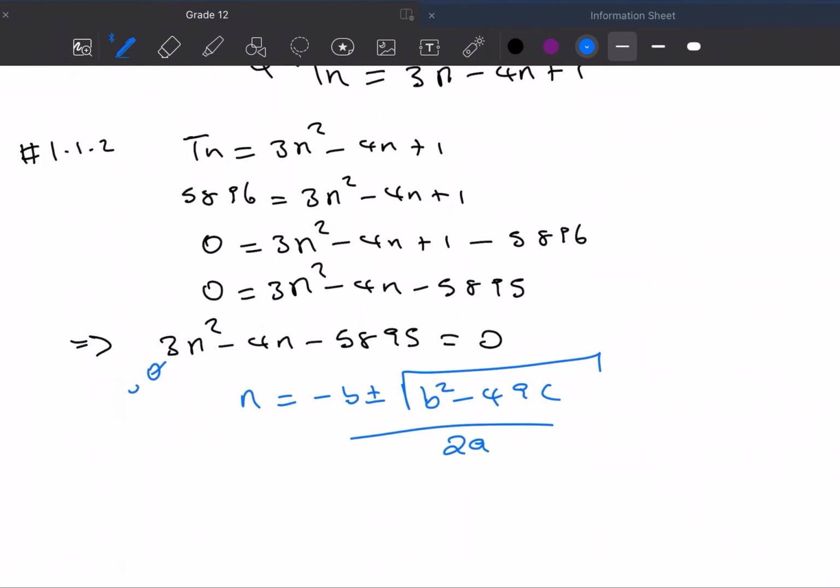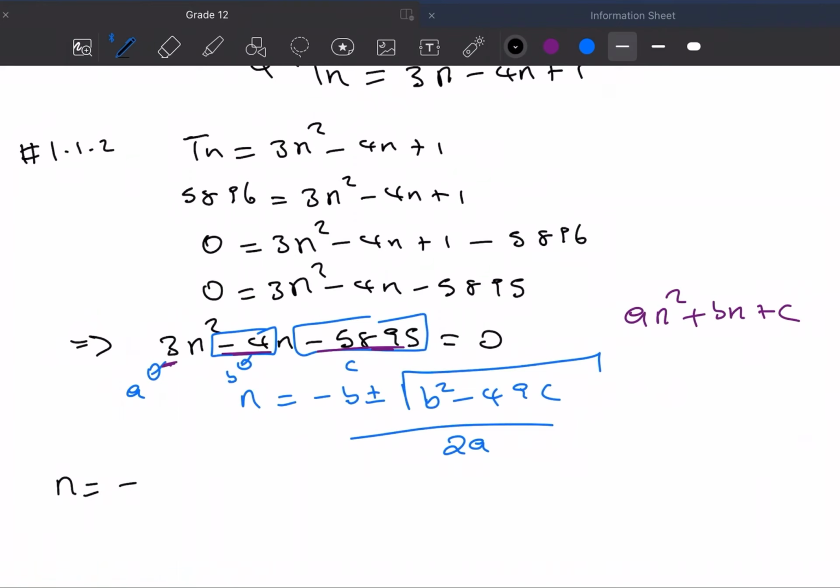This is your a, this is your b. Remember, b is all this, minus 4, and this is your c, this is all of c. Remember the quadratic equation is a n squared plus b n plus c. So this is your a, this is your b, this is your c, right? Then you substitute this in your formula and you get your answer.